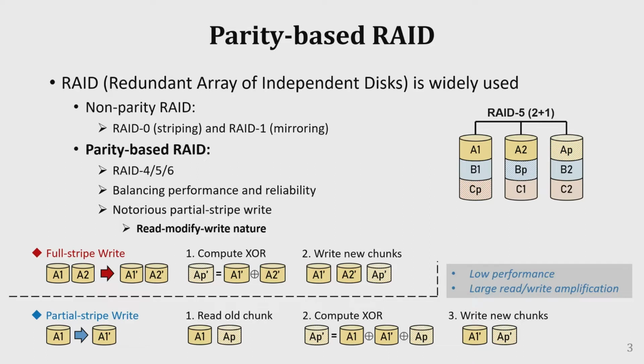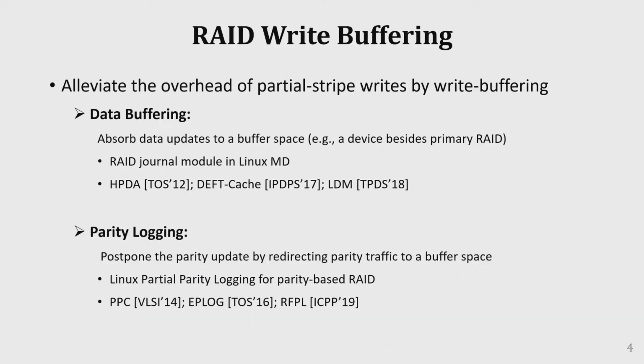Differently, for a partial stripe write, where only a subset of the data chunks of a stripe are updated, only after its old data and parity chunks are read from the disks is the stripe updated and then written into the disk again. This induces numerous actual disk accesses. This read-modify-write nature of partial stripe writes makes them costly.